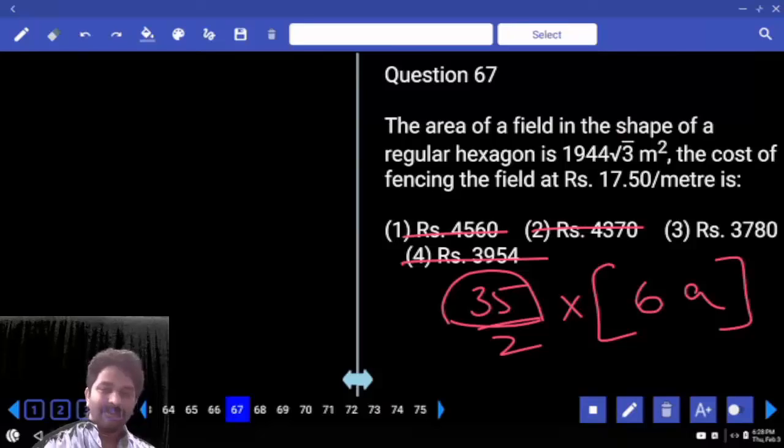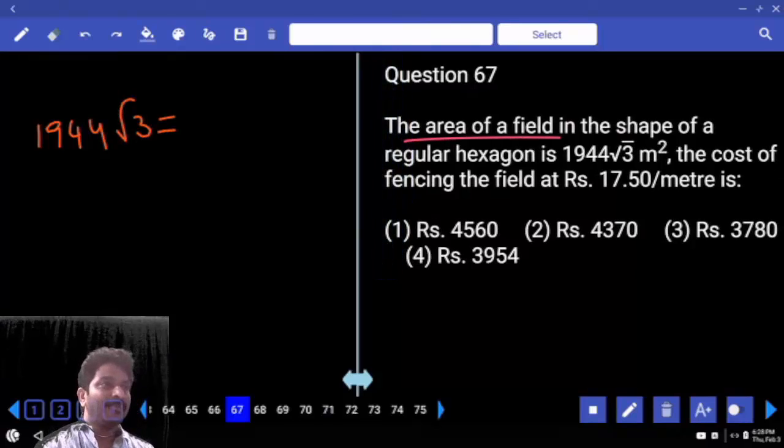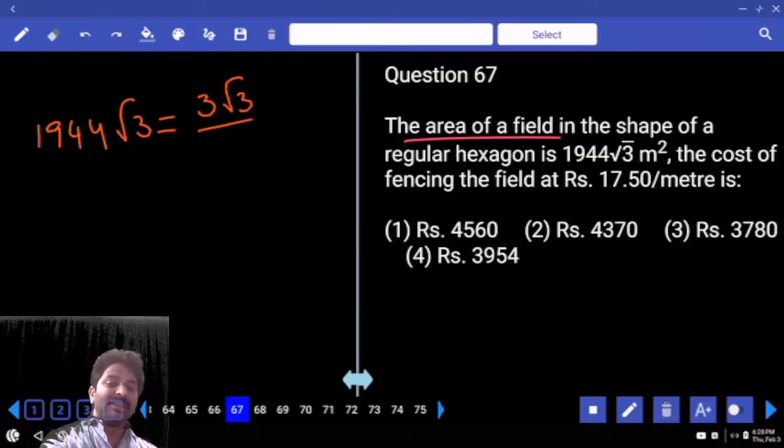Okay, now, if you want to calculate this, we were given 1944 root 3. What is this? Area. Area of the hexagon is 3 root 3 by 2 a square. First thing, root 3, I'll cancel.